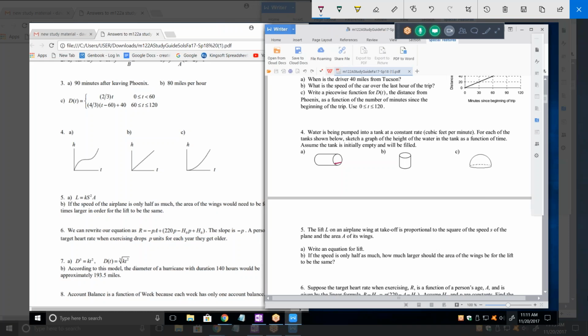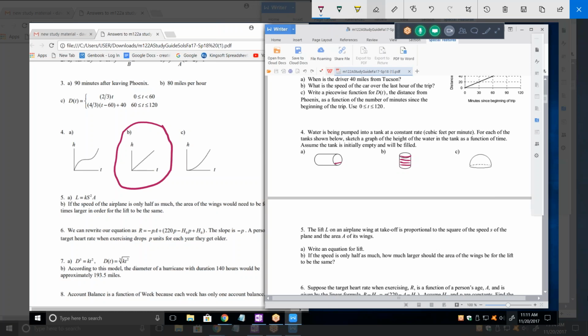It's a little easier to understand the middle. If I pour a gallon in, it goes to there. If I pour another gallon in, it goes to there. If I pour another gallon in, it goes to there until I fill it up. So that's why that would be the graph of B. As you pour water in, the height goes up linearly, depending on how much you pour in. Okay?